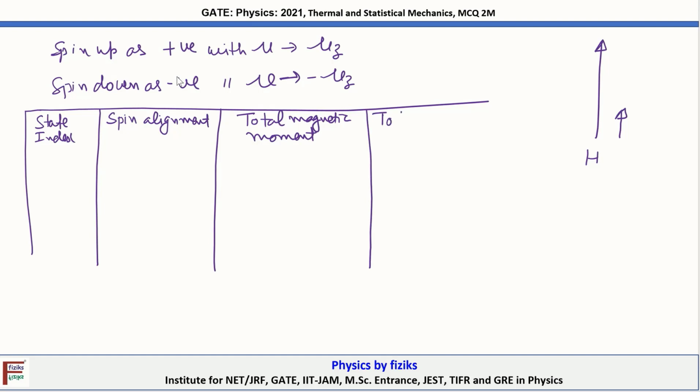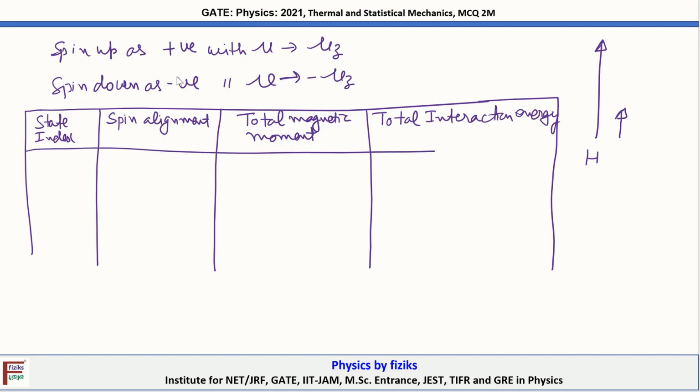So we need this information, total interaction energy. There are different possibilities of the spin alignment.